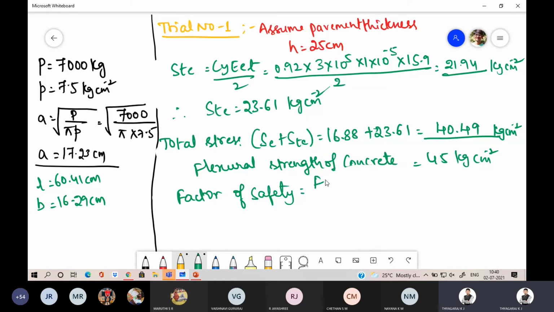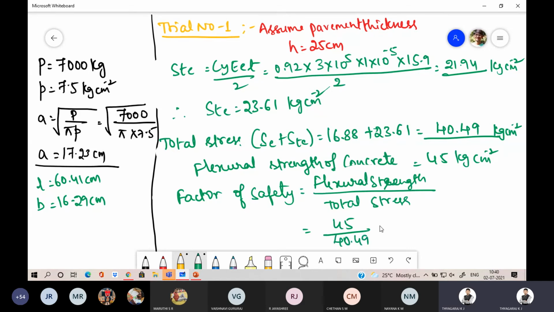So factor of safety is equal to flexural strength divided by total stress. So 45 divided by 40.49. Check how much you are going to get. How much are we getting? 1.11. 45 divided by 40.49.